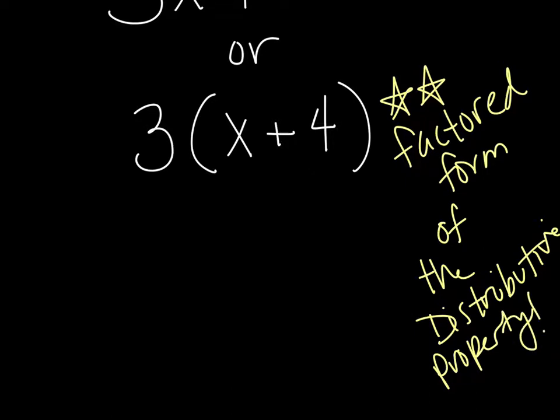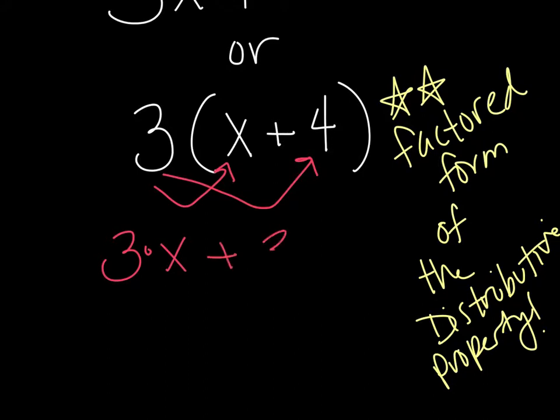That basically means that we can distribute that 3 to the information inside the parentheses. So we're going to do 3 multiplied by x plus 3 multiplied by 4 to give us a simplified version of 3x plus 12.